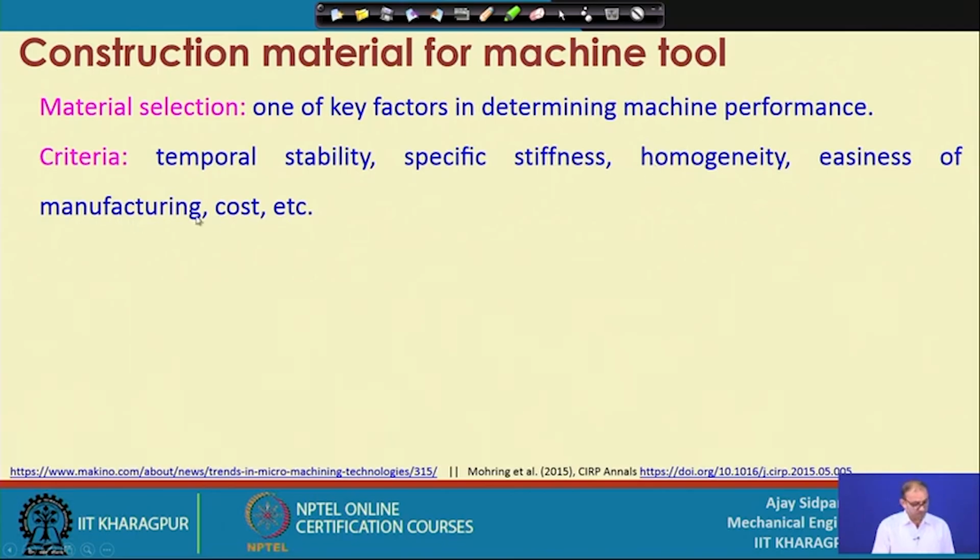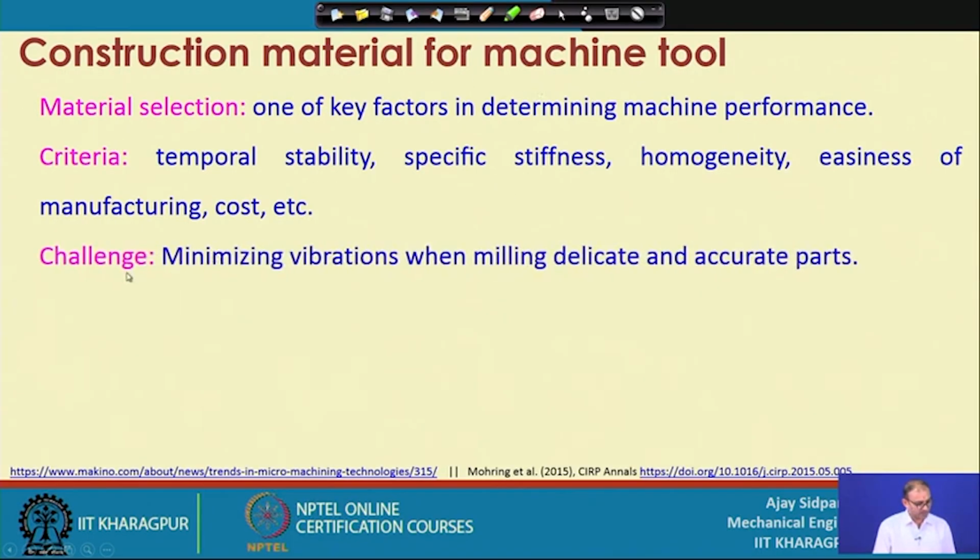Ease of manufacturing, because we will see some constructions where you have to make a very big casting, and you have to take care of the different slots, and also provide some type of ribs to reduce the weight. And finally, the cost, because the more stable the material, the more the cost and the more difficult it is to process. So, you have to take care of this cost and manufacturing aspect when selecting any material for making a machine tool structure.